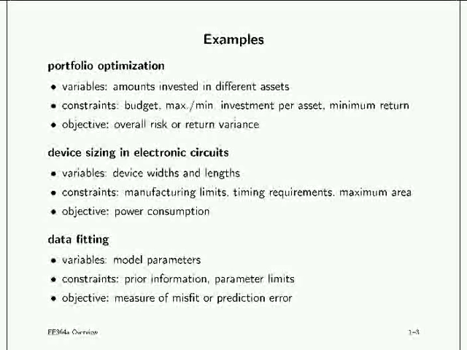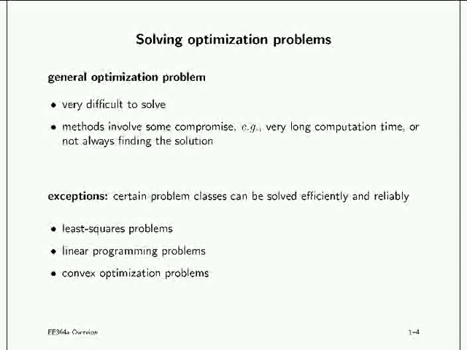So the variables might be some model parameters. There might be a few, and there may be a very large number. And you have prior information and limits on that. And the objective would be some measure of the misfit or prediction error. So optimization is very widely used in data fitting, even to the point where some people would claim that all of data fitting and much of statistics comes down to optimization. People in statistics would say that's an overstatement, but anyway.